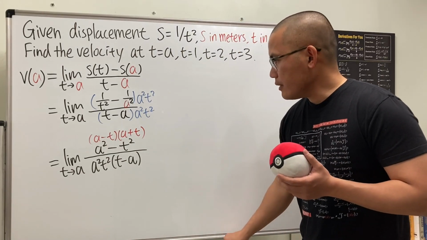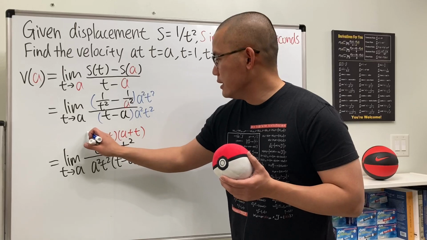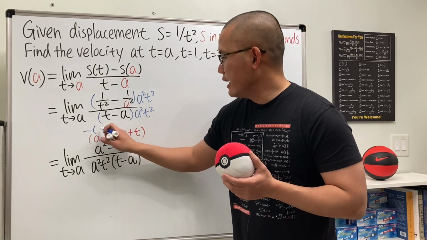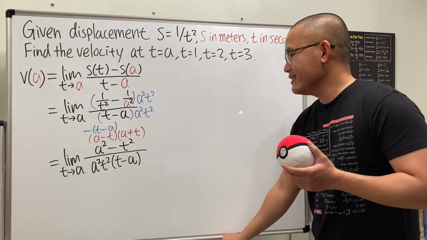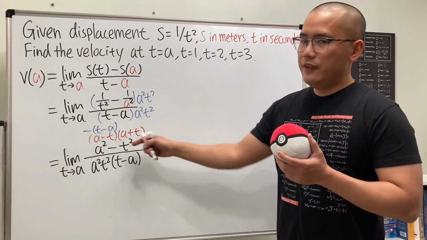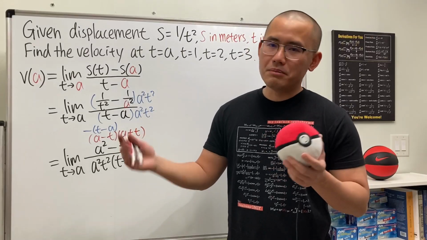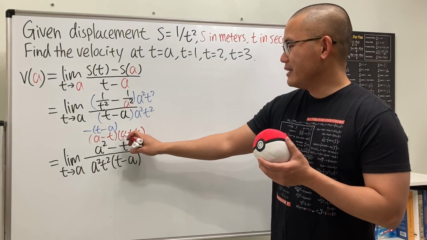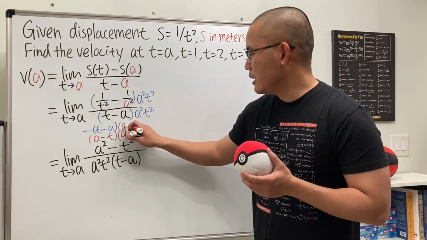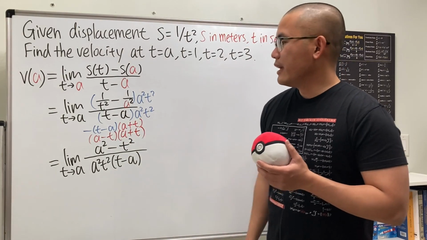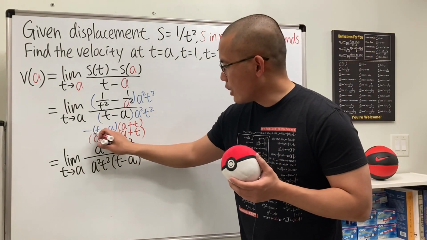So for this part in particular, this is going to be negative parentheses and then just change the order of subtraction, t minus a, like this. Okay? And then here, if you want to change the order of addition, it doesn't matter. You can write it down as a plus t or t plus a. I'm just going to keep it as it is. And now we can cancel.